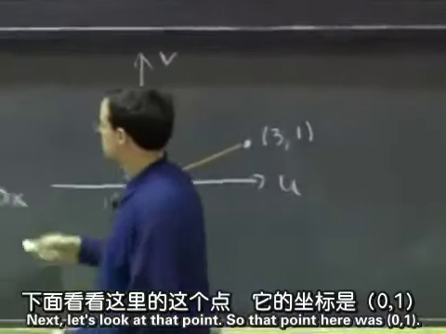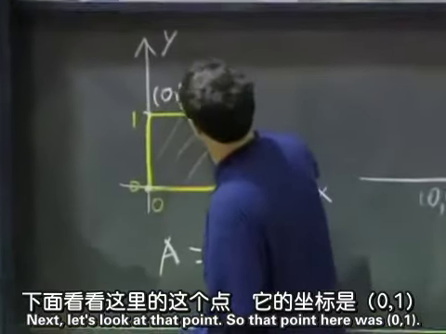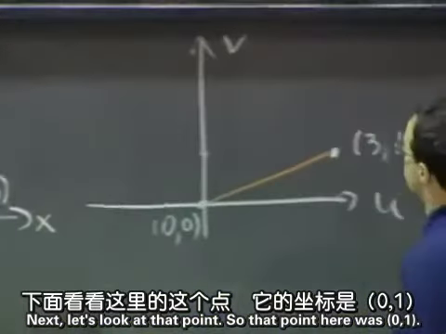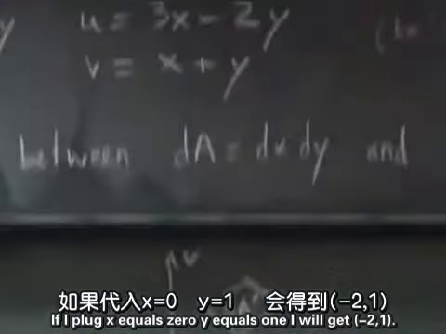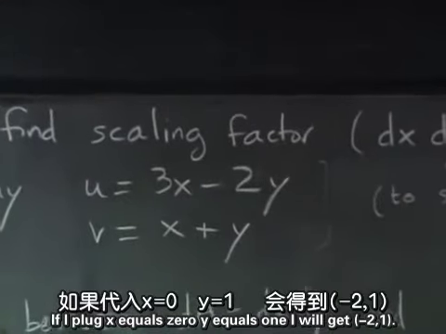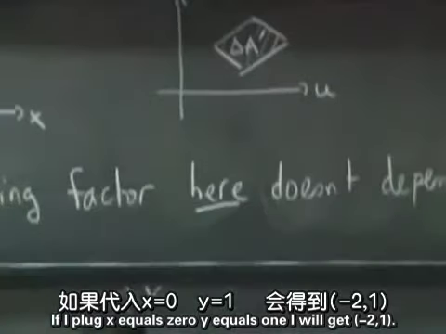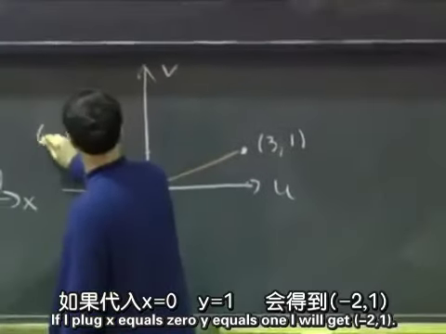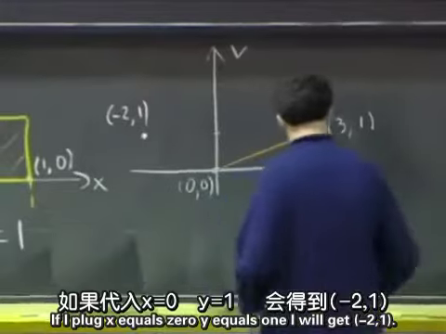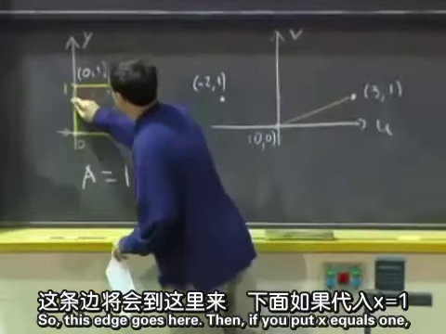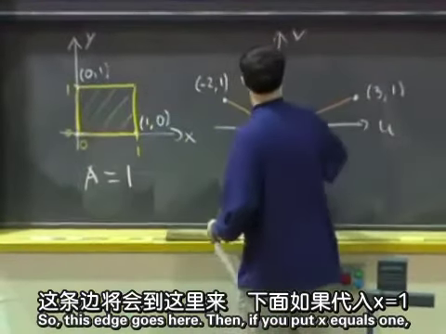Next, let's look at that point. So that point here was 0, 1. If I plug x equals 0, y equals 1, I will get -2 and 1. So this edge goes here.